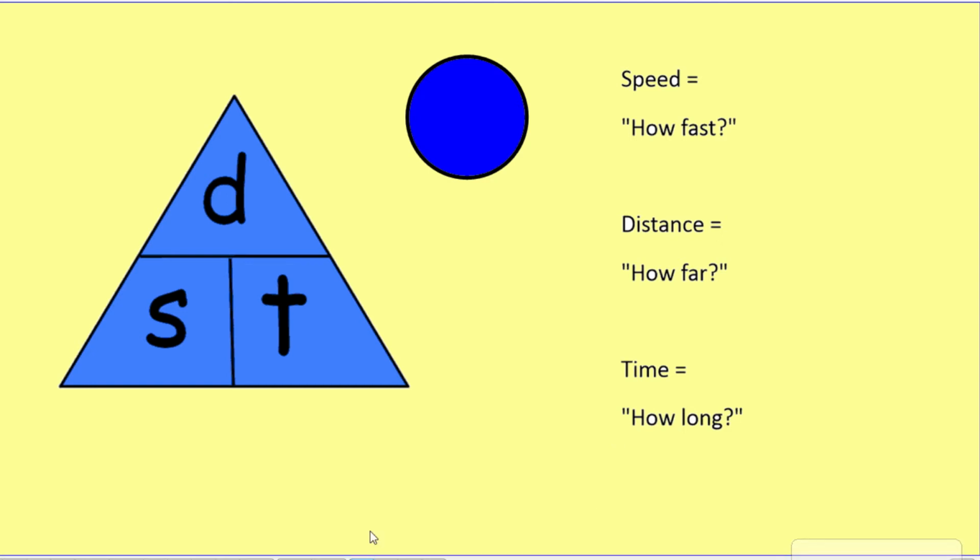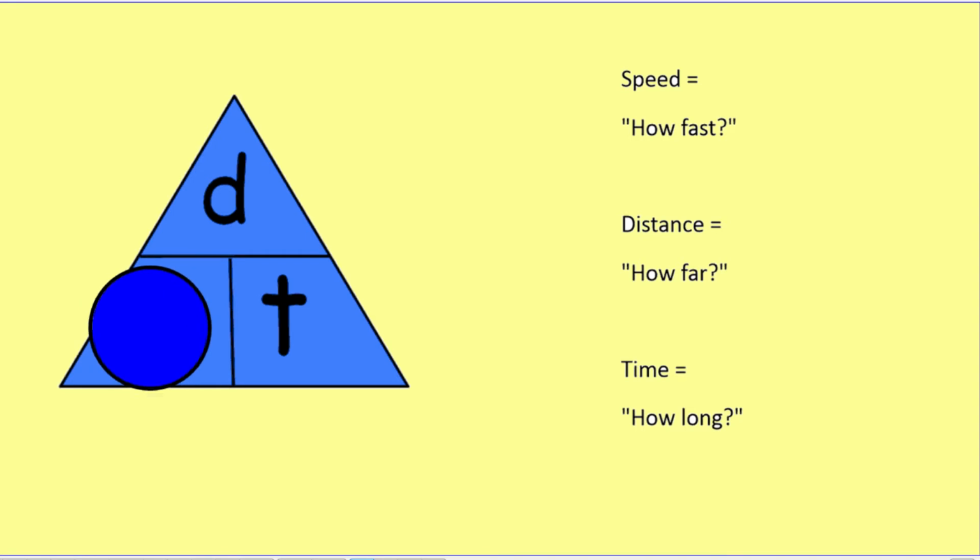And we use this triangle to work out each one. If I want to work out speed, I'll cover up S, and I'm left with D above T. D above something, or anything above anything else, we say over when we're talking about a fraction. So D over T, and that line, remember, means to divide. So speed is distance divided by time.